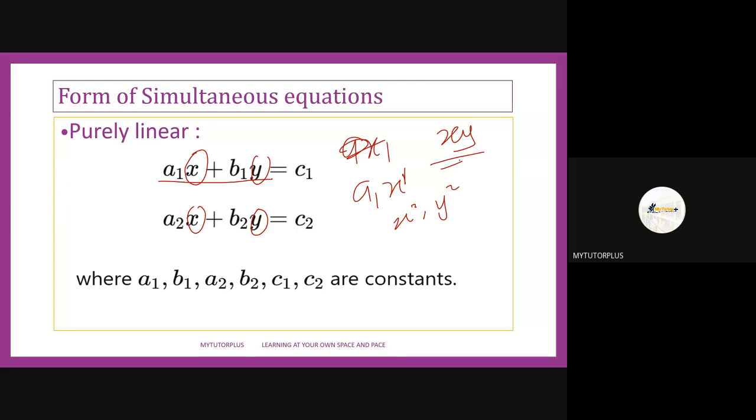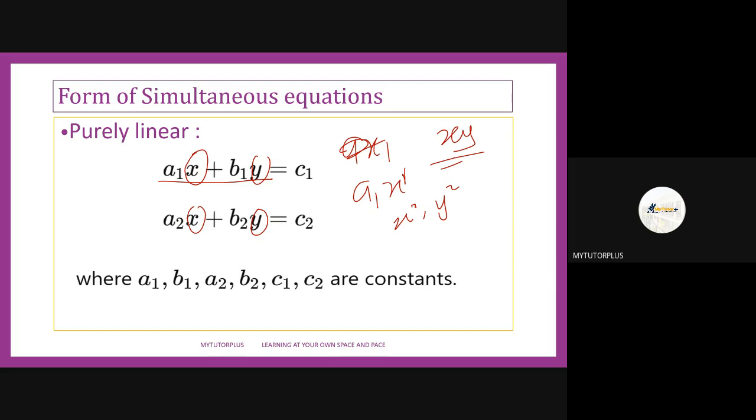So if the power of the unknowns is just 1, in that case we refer to it as a simultaneous linear equation. If there's nothing like a quadratic, square or cube term in the expression, we call it a simultaneous linear equation.